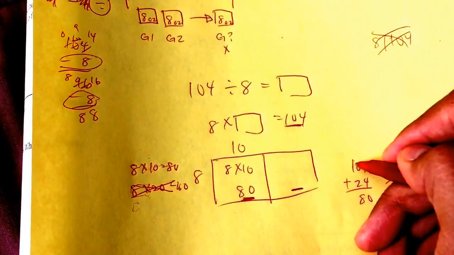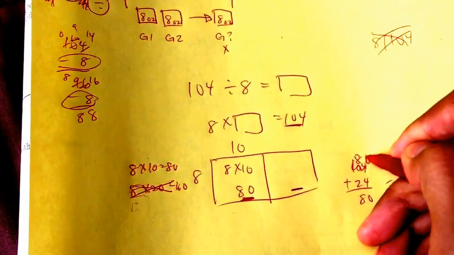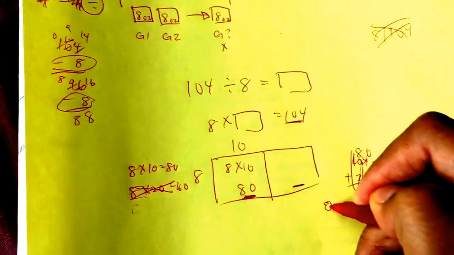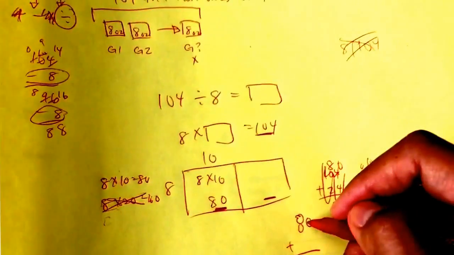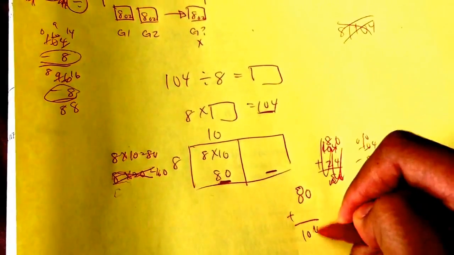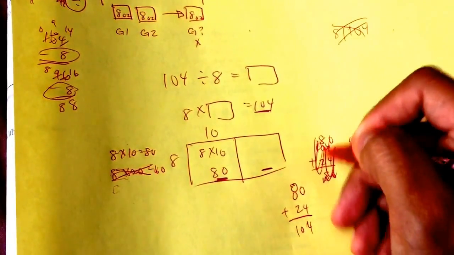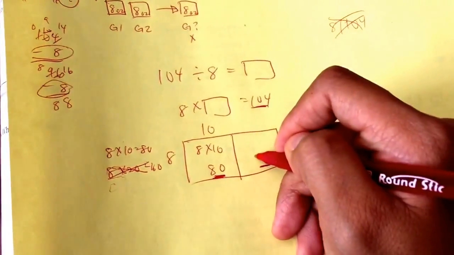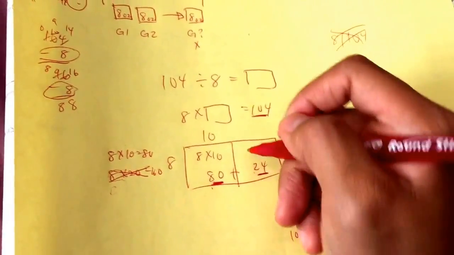They should say 80, and this should say 104. Oops. 80 plus what makes 104? And that's it. That's where the 24 goes. Whoops, ignore that. But anyway, 24 goes in there. 80 plus 24 will make the 104.